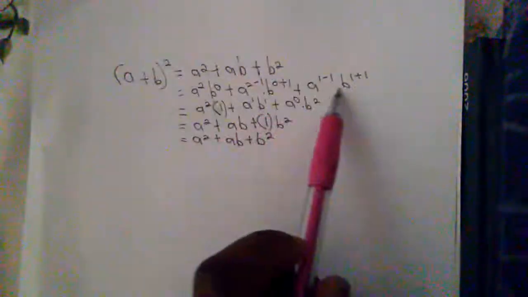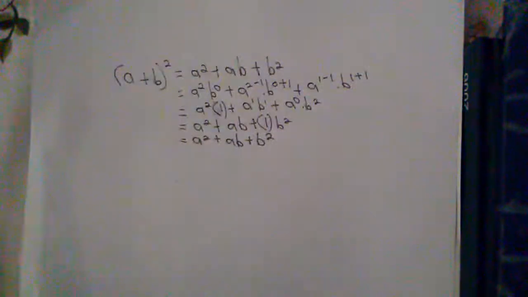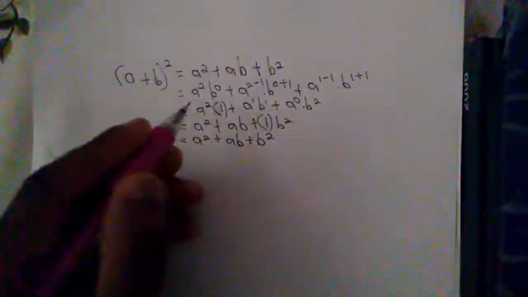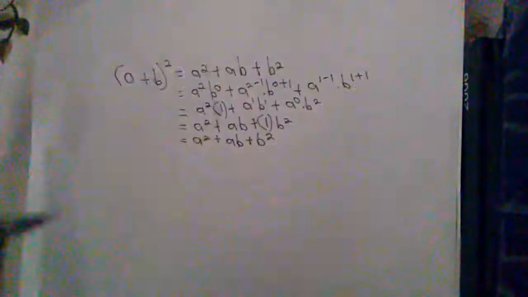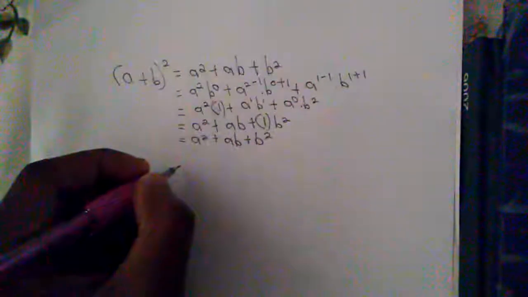So this is how they got to all these terms. They followed this entire process as I've stated. So why did I say that anything powered by 0 will be equal to 1? Let me demonstrate it this way.